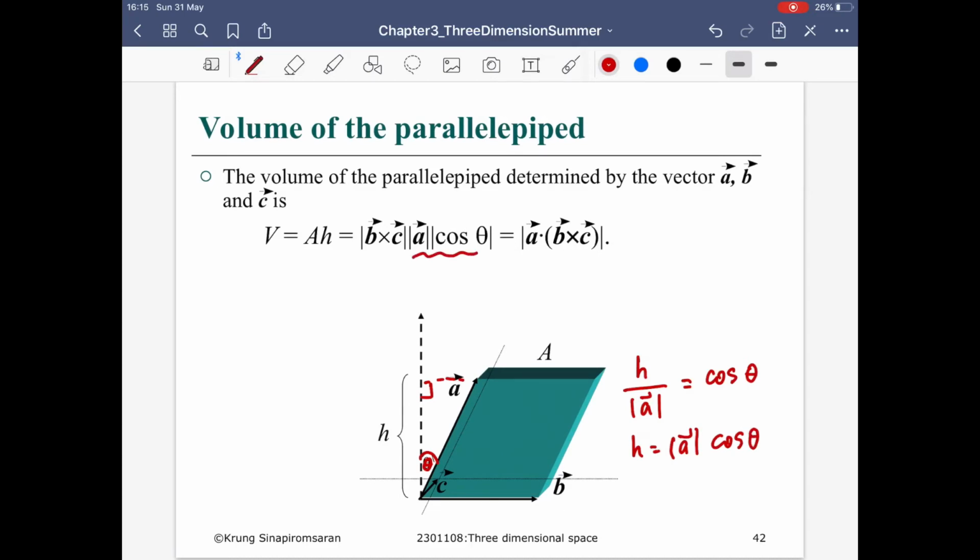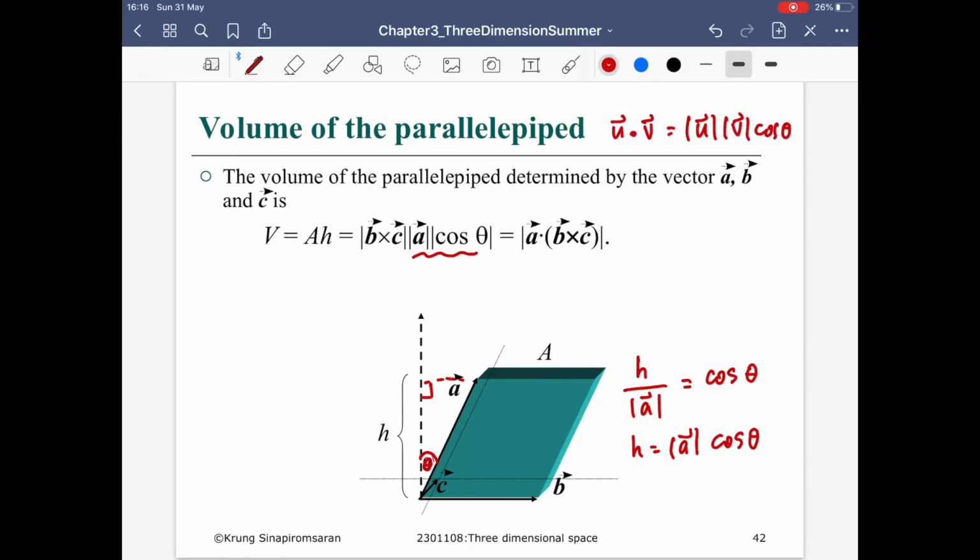And then what is it? This is one vector, B cross C. This is another vector A, and then you just multiply two lengths together with the cosine. So it is actually A dot B cross C, right? Because if you got two vectors, let me just write down, U dot V is the length of U, the length of V, cosine theta.